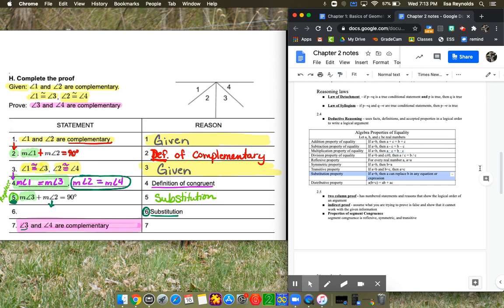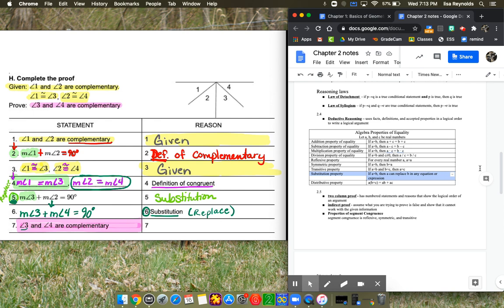My angle 2 can be replaced with the measure of angle 4. So I keep the measure of angle 3, I replace the measure of angle 2 with 4, and I still have equals 90. So substitution is all about replacing one piece of a calculation.